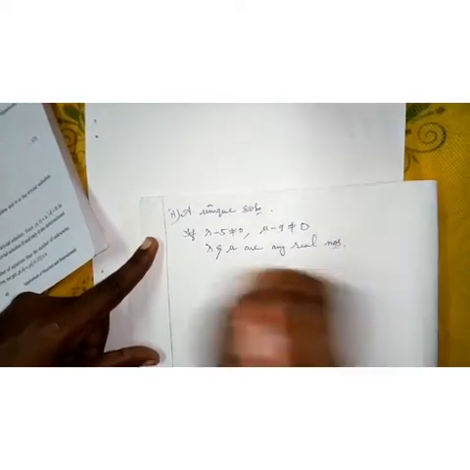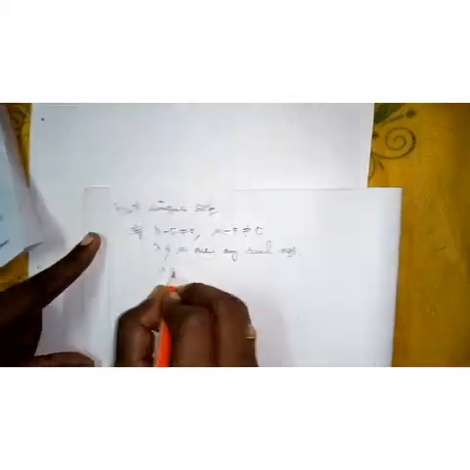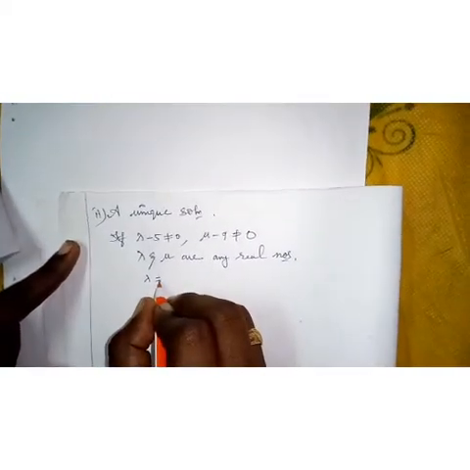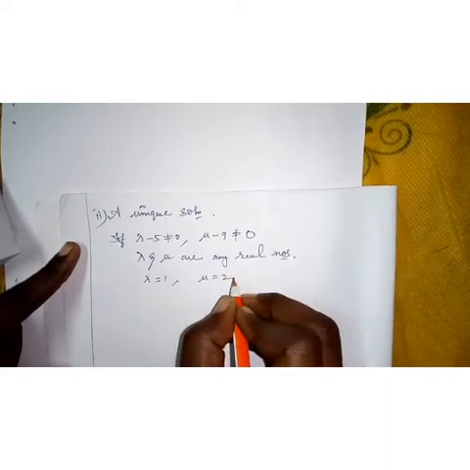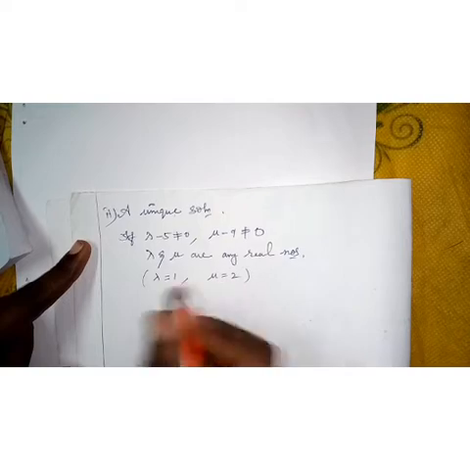So you can apply any number. Shall I take lambda equal to 0 or 1, lambda equal to 1, or mu equal to 2? That is your wish, you can take any numbers.